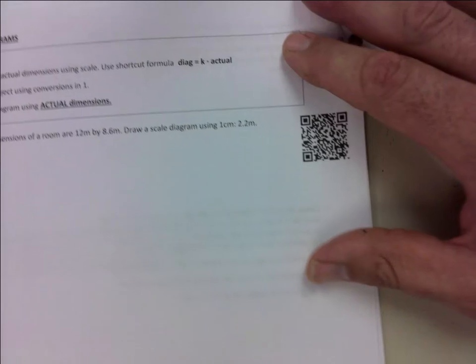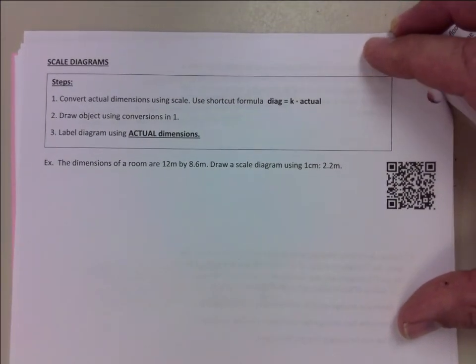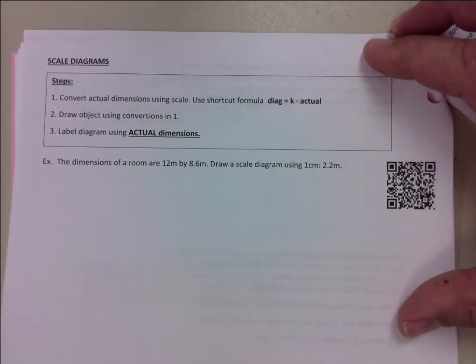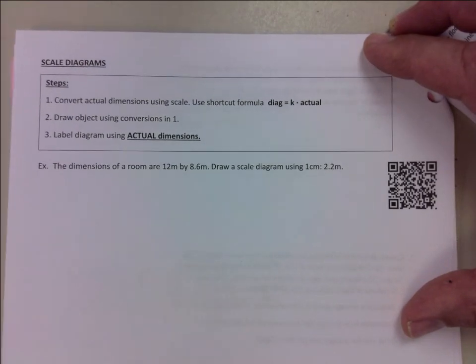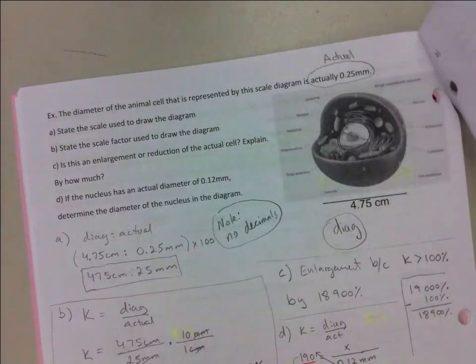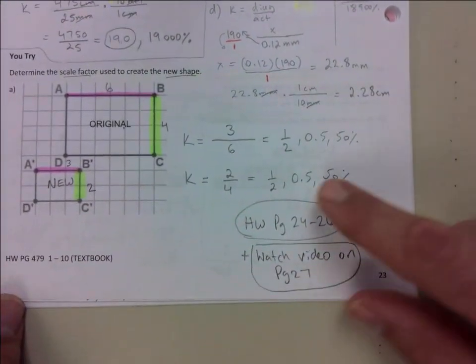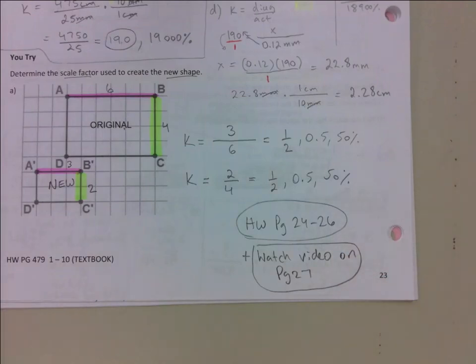It shows you how to deal with scale diagrams. Scale diagrams, there might be one question on the test, very short. So I want you to practice this on your own by just following the video. But don't worry about it right now. Right now it's just work 24 to 26, right? Those pages, and then 27, you do that at home, okay? I'll pause it here for now. Please ask me if you have questions.